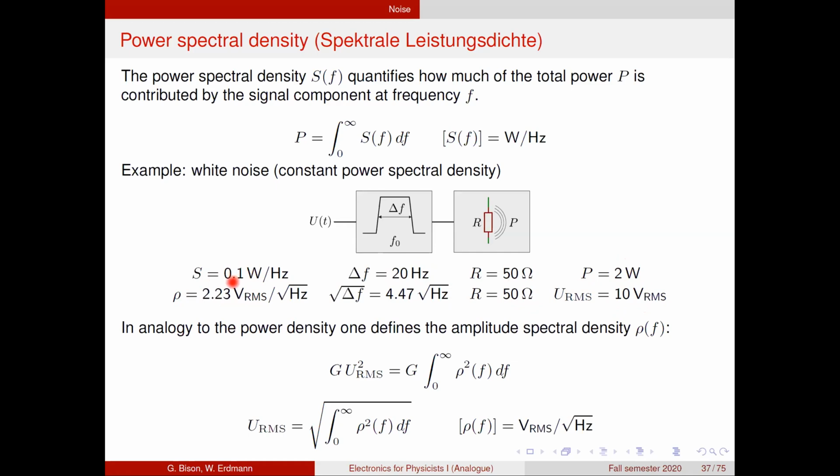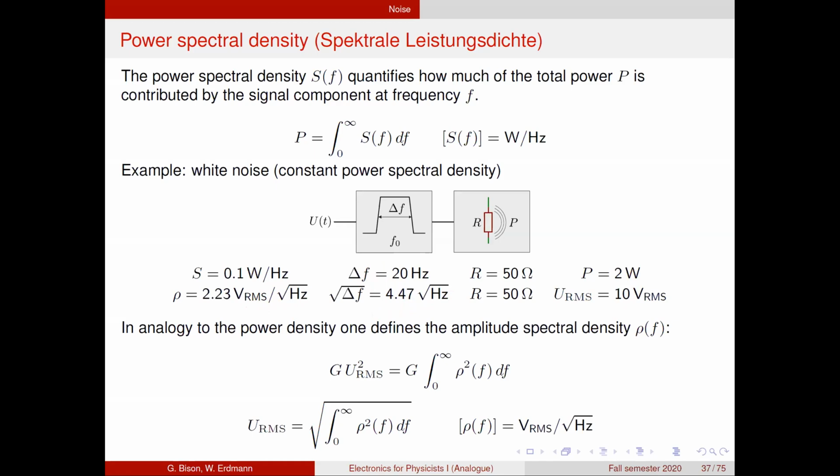Then we take the square root again, compensating for the resistor, and we get the amplitude density in volts RMS per root hertz. Of course, there's a shortcut. We can simply take the RMS voltage and divide by the square root of the bandwidth and arrive at the same result.